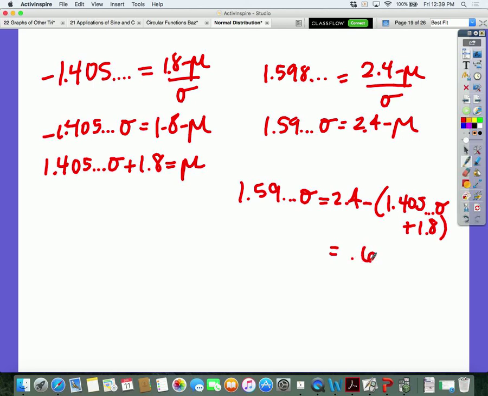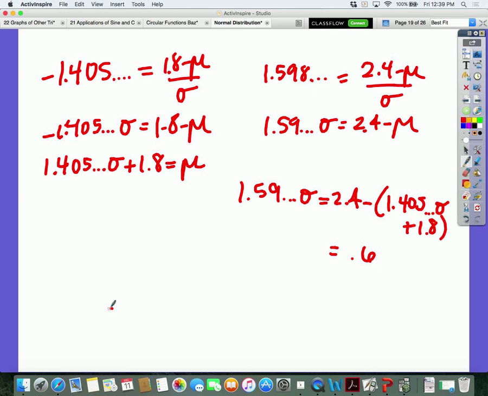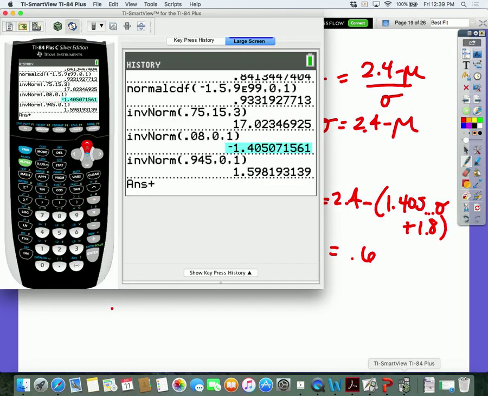This becomes 0.6 over here, and when I add the standard deviation, that's positive, so I'm going to change that to a positive.